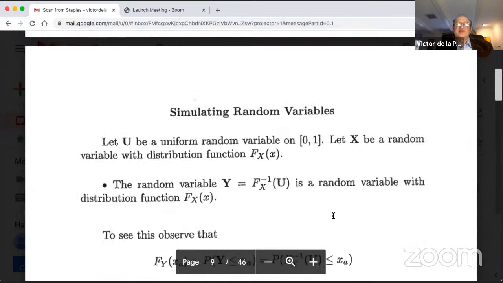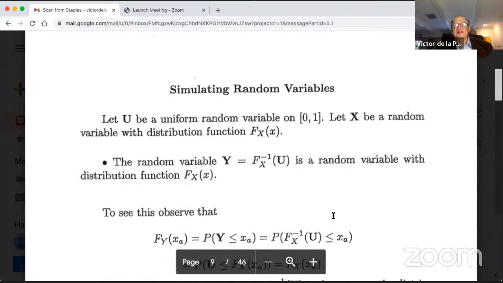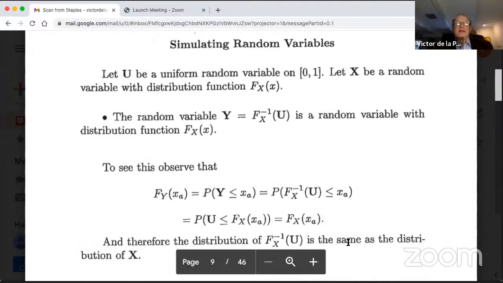Now, how do we simulate random variables? Again, this is a very basic review, but I understand that some of the people in the audience are students, and there's a very broad scope of background.